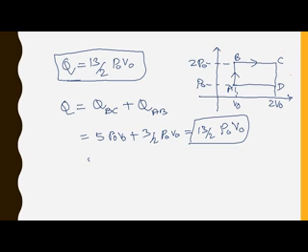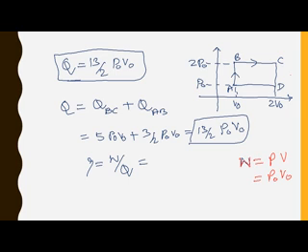Okay. What is the efficiency? W by Q. What is the work done? Work done is just the area of the PV diagram, that is P naught V naught.